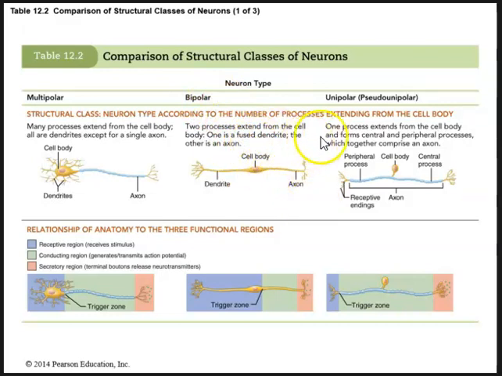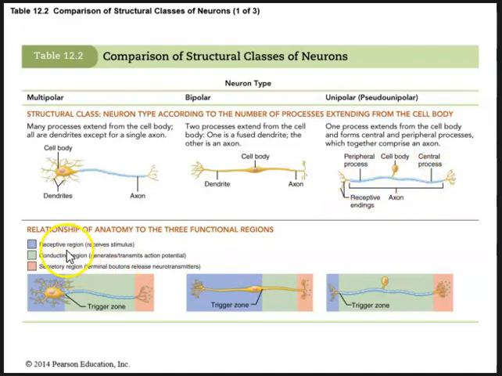And then this unipolar or pseudo-unipolar, typically it looks like there's one process that extends from the cell body, but you can see that it kind of branches off. So one end will be a peripheral process and the other will be a central process, and apparently this is one long axon.